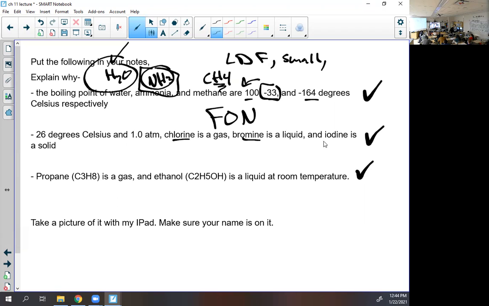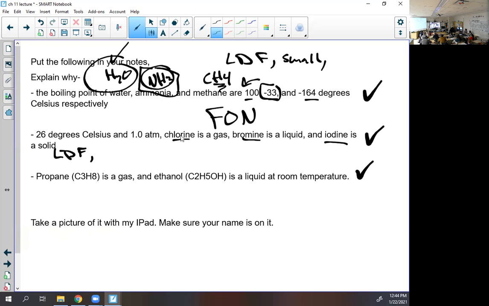Chlorine, bromine, and iodine. They're not bonded with anything except for themselves. So there's no option except for what type of forces? LDF. It happens. I've said it on accident before. All right, so London dispersion forces are the only thing.